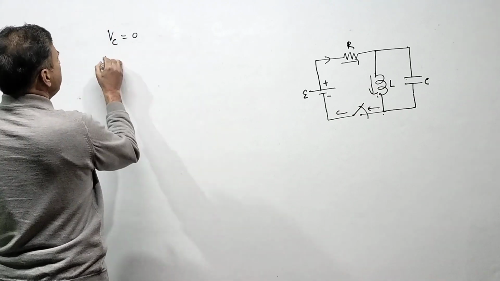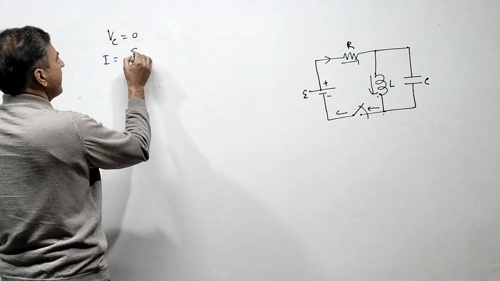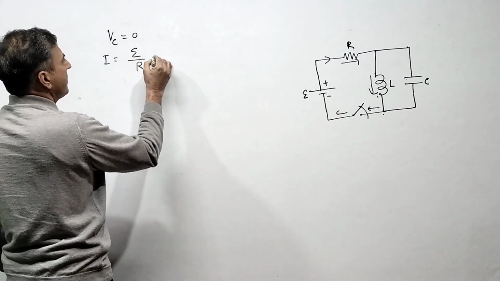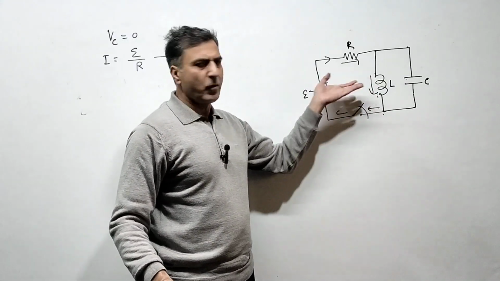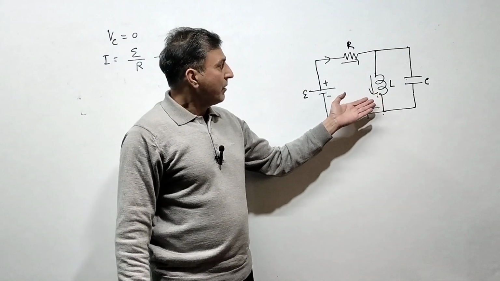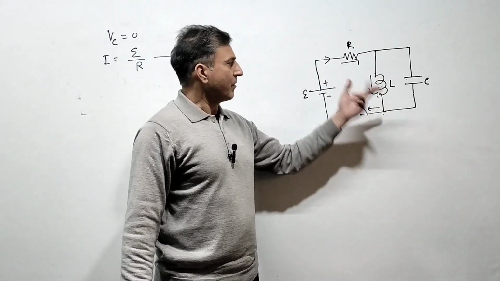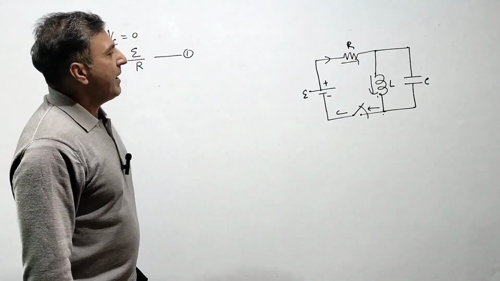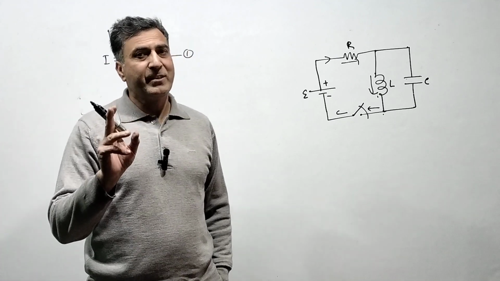That current through the inductor is just E by R. Equation number one. Because the current has been flowing for quite some time, it has already achieved a steady value, and that current is just E by R because the inductor is a wire equivalent.